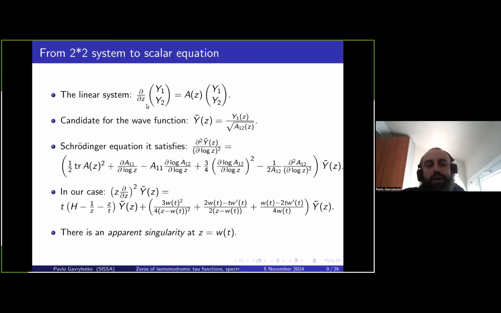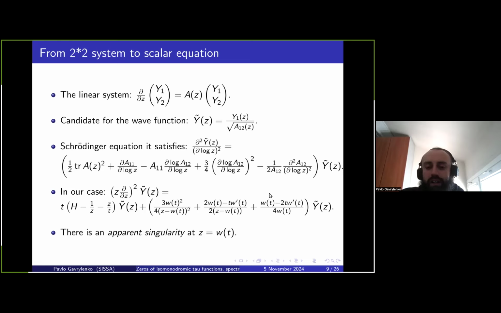Like we can say that we are trying to compute a characteristic polynomial of dz minus a of z. But this also contains other terms. The most important terms are those that contain logarithmic derivative of a12. This is because a12 can have zeros.